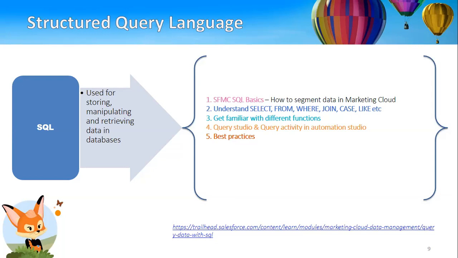And the main concept to learn here is joins. We have different types of joins, and it is very important. Even in interviews, the main question from SQL would be about joins. So you need to understand what joins are, what types of joins are available, what types are supported in Marketing Cloud, and how they work.